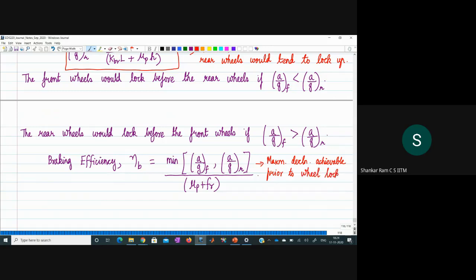Obviously, what do we want? We want this to be as close to mu p plus FR as possible. So obviously, we want this braking efficiency to be as close to 1 or 100%. So that is the ideal scenario, but that's rarely the case. Any questions on this derivation?